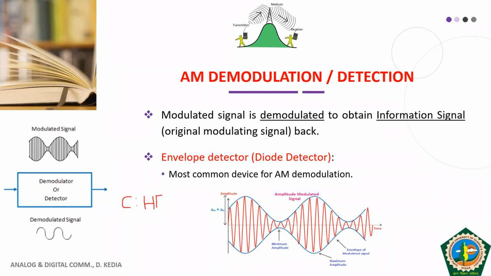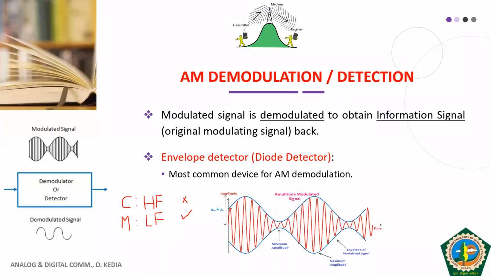And say I represent the modulating signal or my message signal by M. My message is a low frequency signal. Fine. And now I want to remove this high frequency signal and keep the low frequency signal. And obviously, I want some method with the help of which I can retrieve this.